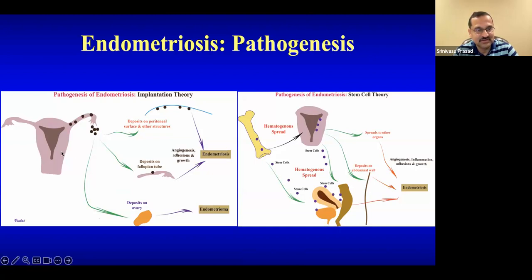And according to this, the functional endometrium, the lining of the endometrial cavity, gets deposited onto either the tubes or the ovaries, leading to development of so-called endometrioma, or the chocolate cyst on the ovary, and deep infiltrative endometriosis if it's deposited in other pelvic organs.